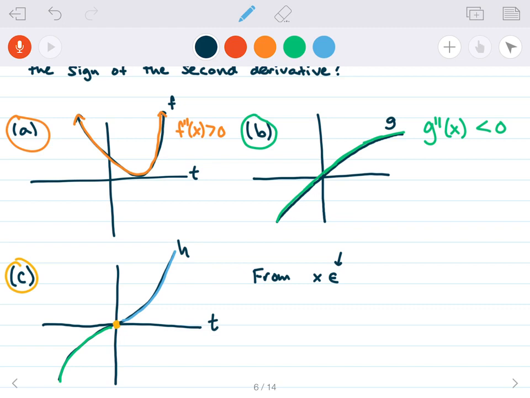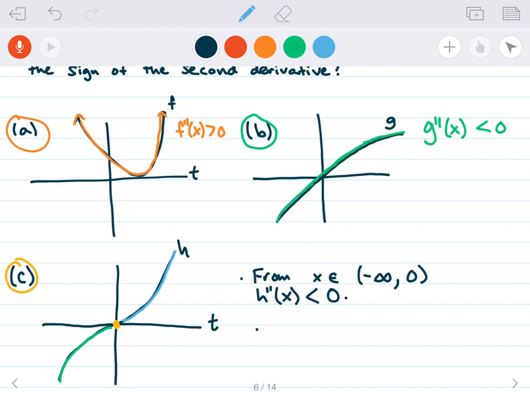So if x is in the interval negative infinity all the way up to 0, then that tells us that h double prime of x, our second derivative, is going to be negative. All right? So from negative infinity to 0, the second derivative is going to be negative.